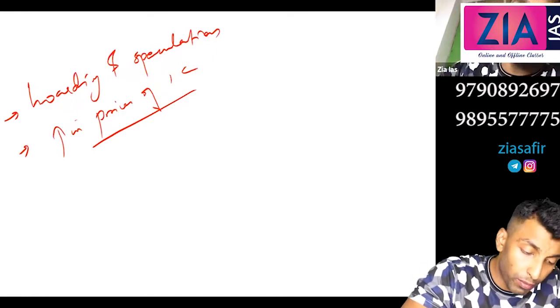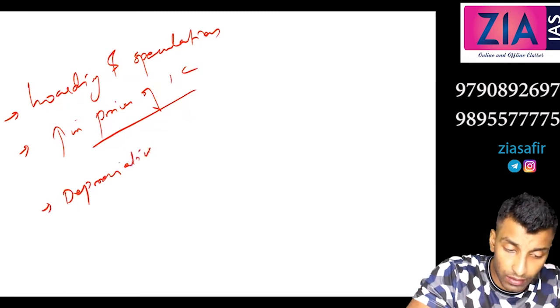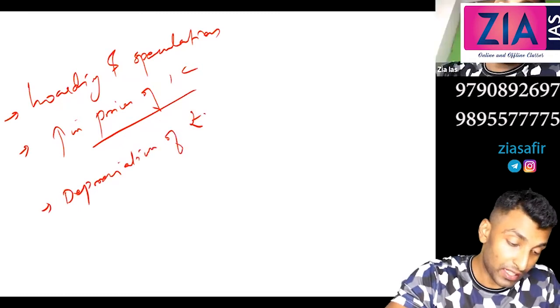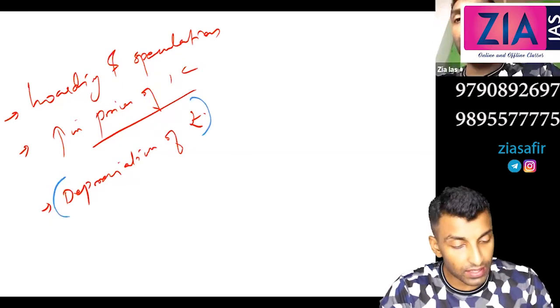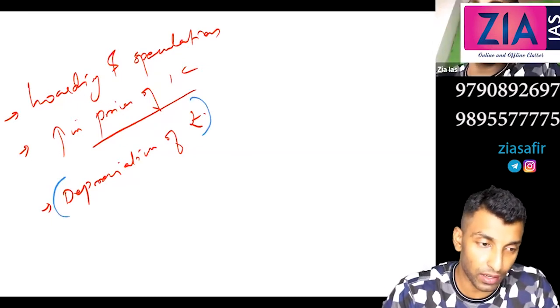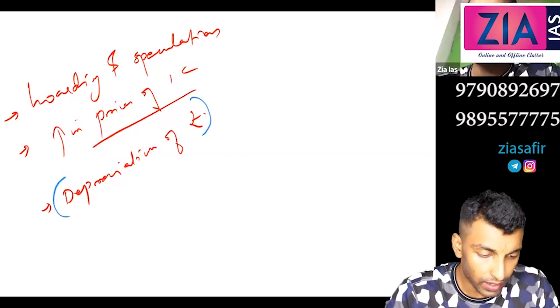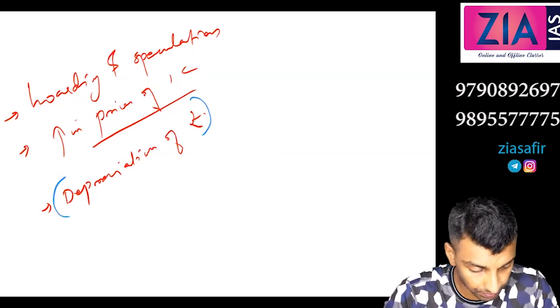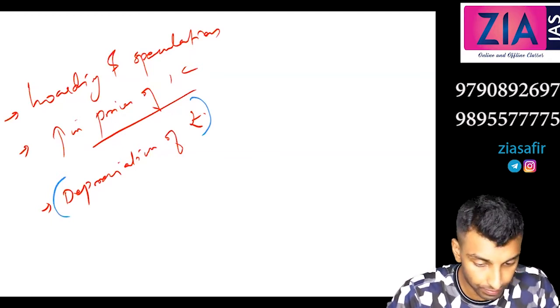Okay. Now, what about depreciation of rupee? We have discussed depreciation of rupee in the case of demand pull inflation also. Here also I am discussing how it leads to cost push inflation. So we have to pay more to import, sir.